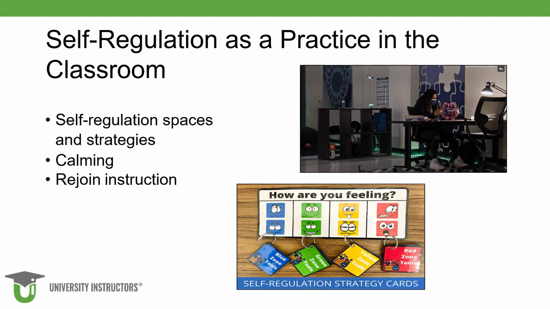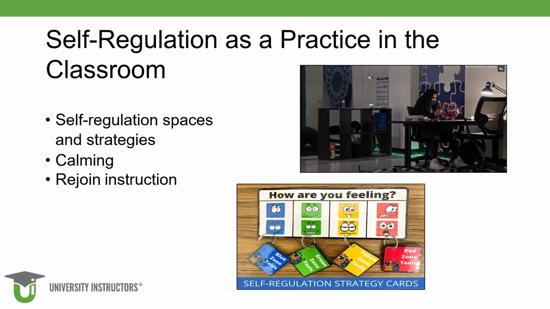Self-regulation is an essential skill for students to manage emotions and behavior so they can remain engaged in learning. Instructors can support this in the classroom by creating self-regulation spaces like calm corners where students can take a break and use tools such as feelings charts or strategy cards. These areas promote calming and reflection, helping students regain composure without disrupting the learning environment.